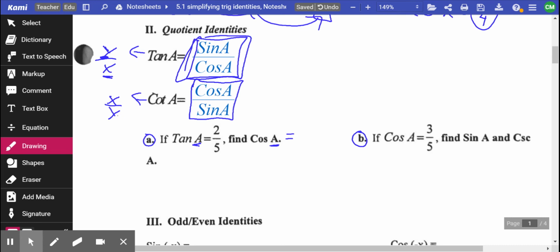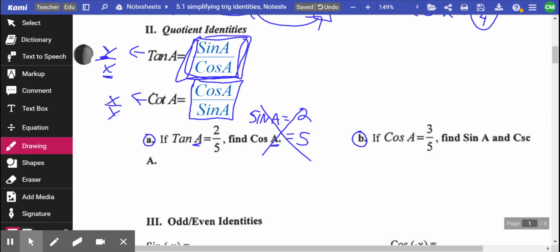Since tangent is sine over cosine, then cosine has to be 5. And if you found the sine of A, it would be 2. Because then when you do sine over cosine, it's 2/5. But remember, sine and cosine can never be bigger than 1. That's the biggest value you can get for sine and cosine. So everything has to be proportional. This we cannot do.